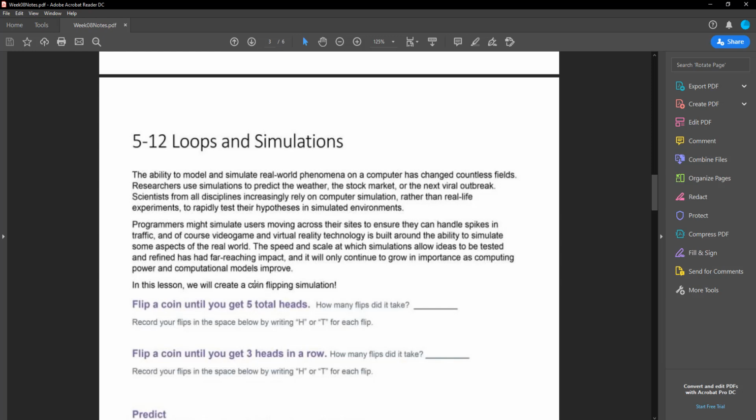So it says weather, stock market, viral outbreak. I mean, this was written a few years ago. But all of these models require computers nowadays. We don't model anything by hand. They're all very, very complex programs, algorithms, based on data that we feed into it, and then we try to make predictions based on it.